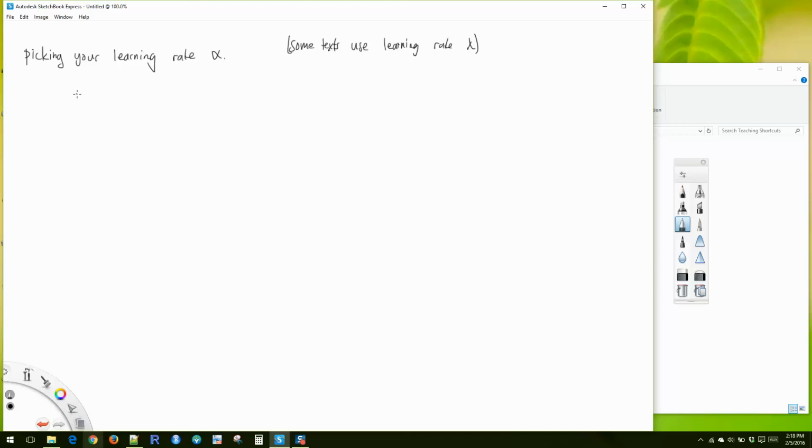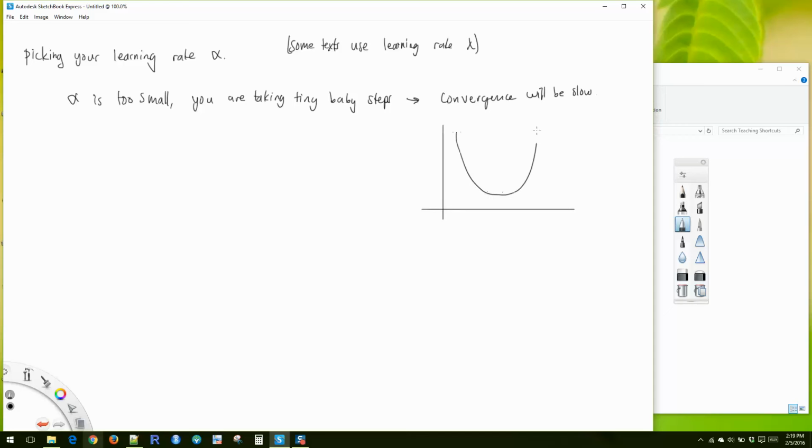Okay, so picking your learning rate alpha. If your alpha is too small, you're taking tiny baby steps, okay? And convergence will be slow. So basically you're just moving from here to here to here to here to here.